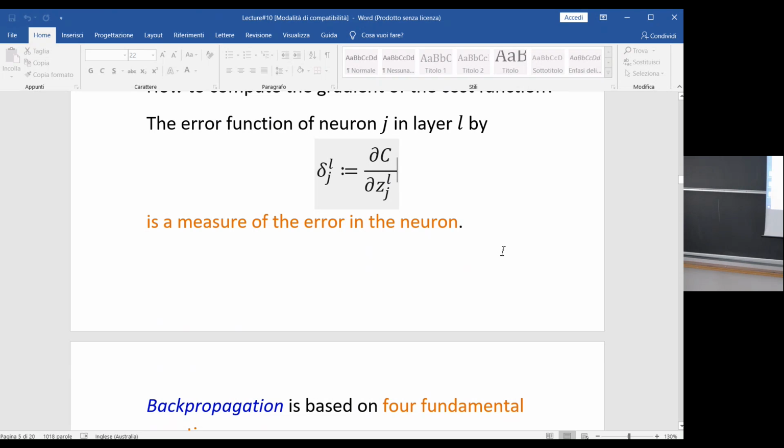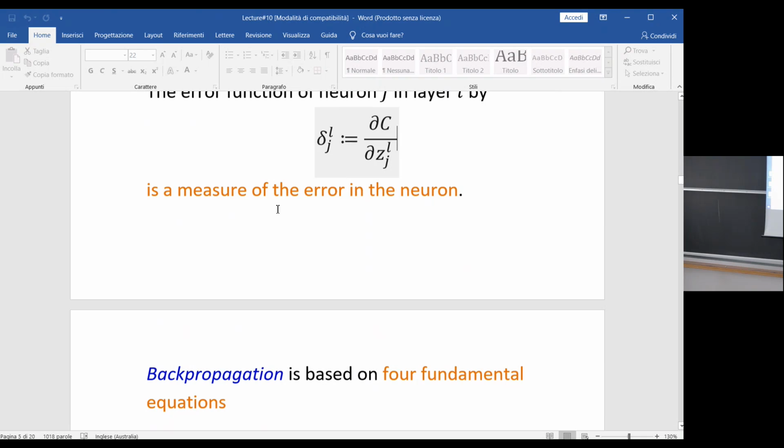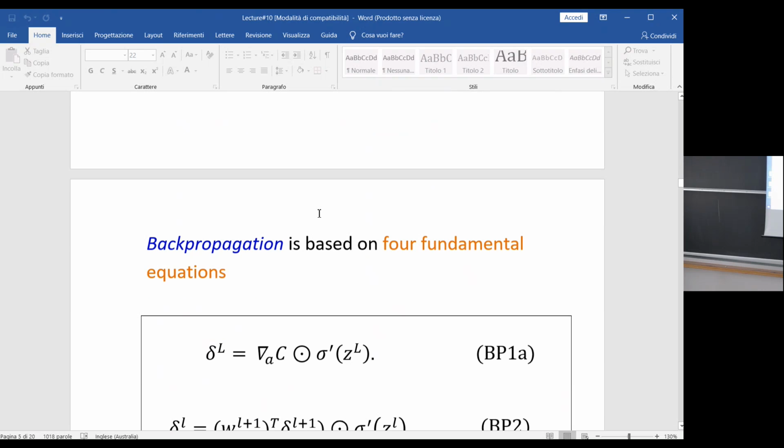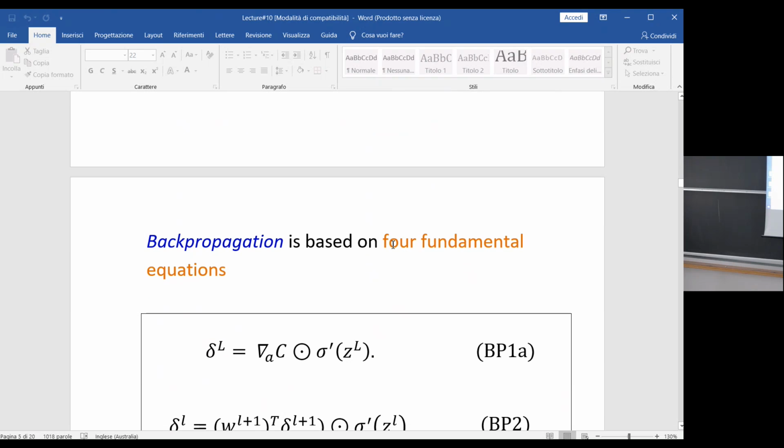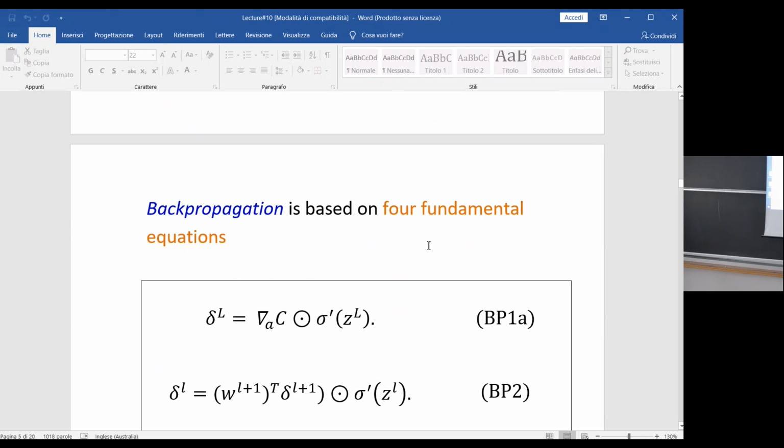Our lecture today is devoted to all the preceding material, and we resume all we have considered before. It is a summarizing lecture. So the backpropagation is based on 4 fundamental equations.